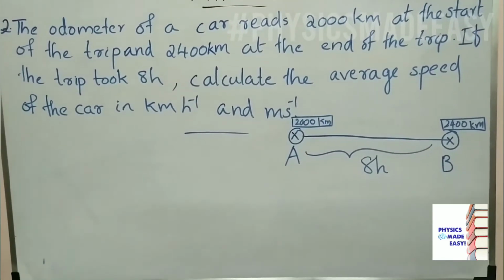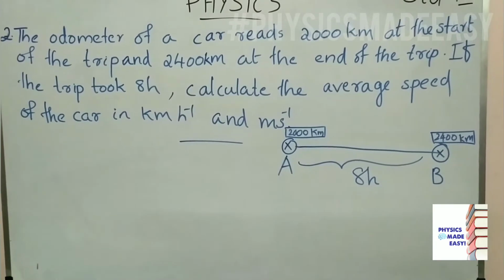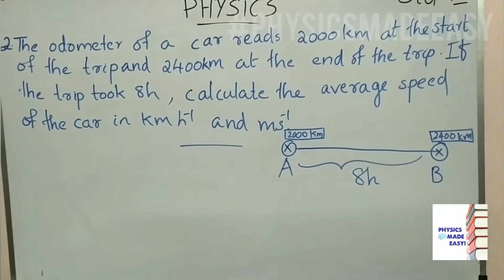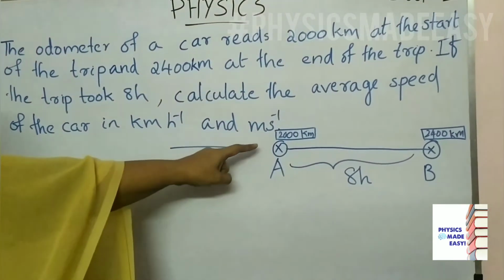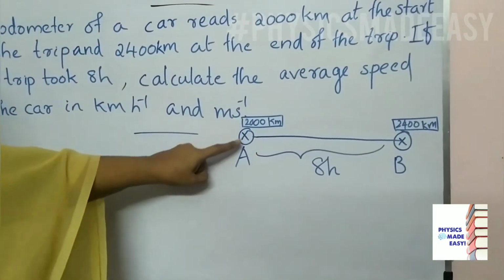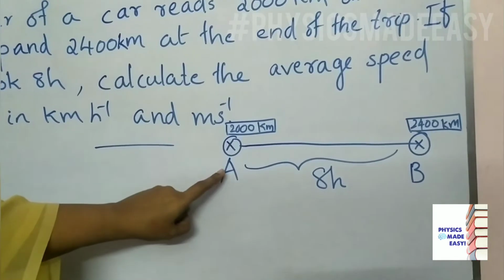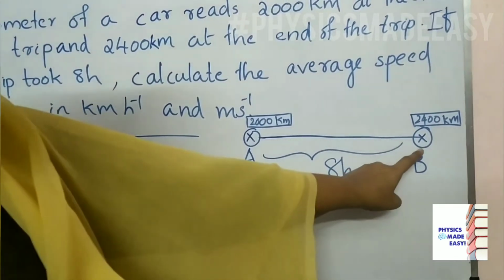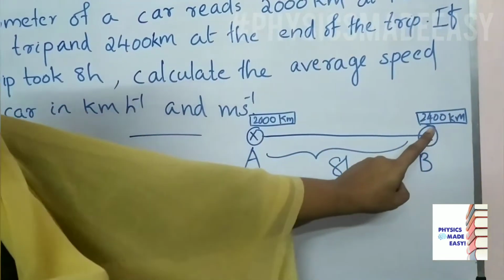You know, an odometer gives us the distance covered by that car. Here you can take A as the starting point and this is the final point of that car. You have to consider it like that.